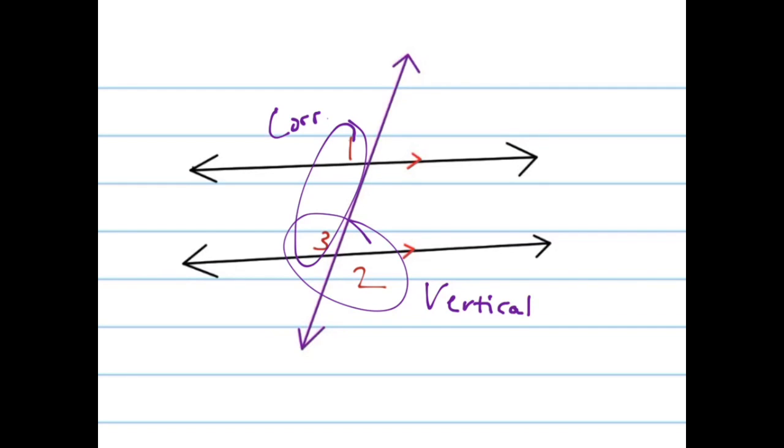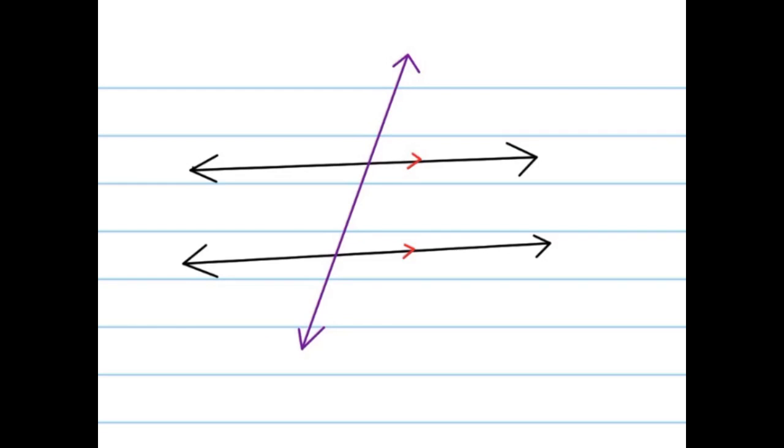For the consecutive interior, I want to prove that these 2 angles are supplementary, right? I know that 1 and 3 are congruent, right? So that means that the measure of angle 1 equals the measure of angle 3 because they're congruent.